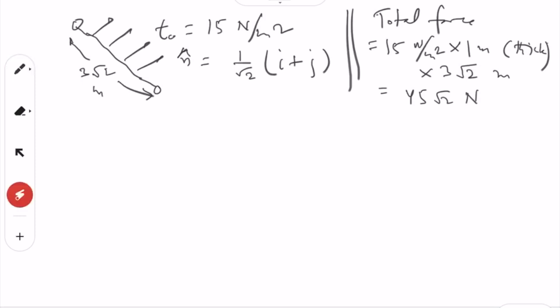So, this 45 root 2 Newton will be the total force, and hence half will go here and half will go here. So, this is equivalent to saying that we have half going here and half going here, and how much will be going here?